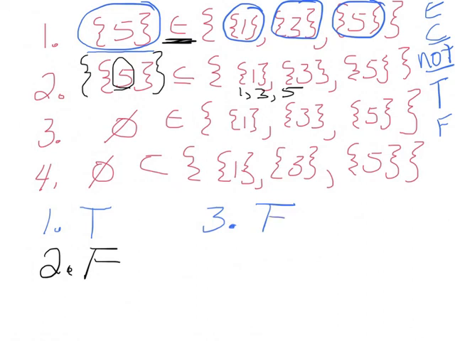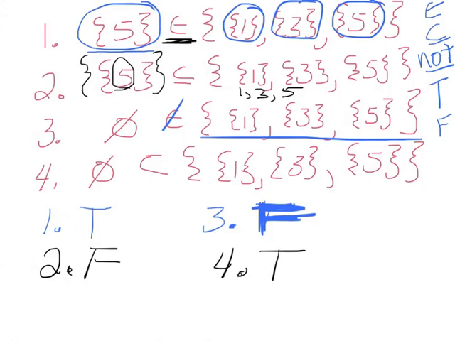Or, excuse me, pardon me, it is false, because this is a set of sets, and the empty set is not one of them. Therefore, the empty set is not an element in that case, and that would be false. So now let's go to number 4. Sorry, I was thinking about number 4 when I said true. So the answer to 4 is true.